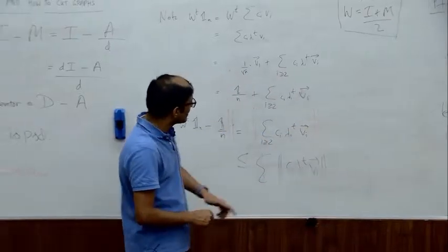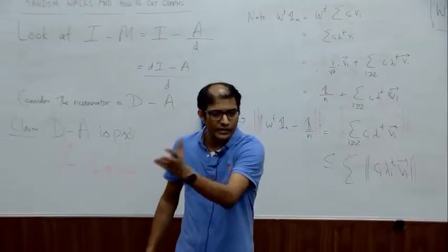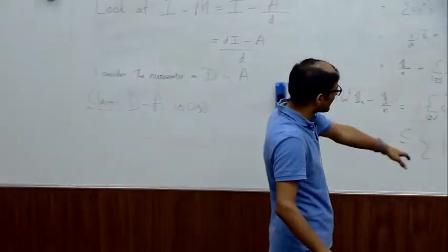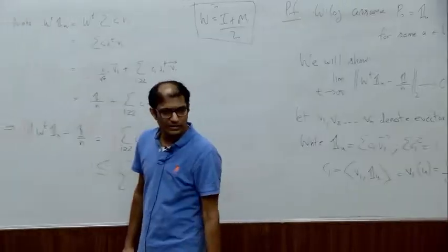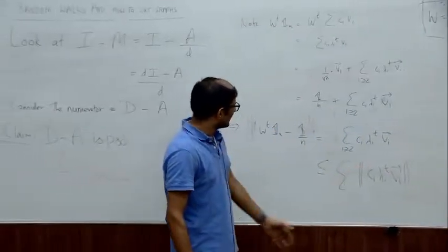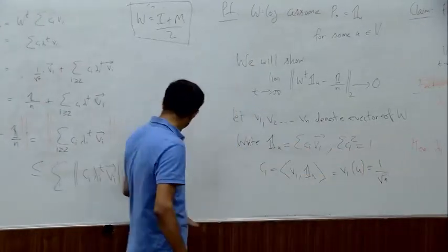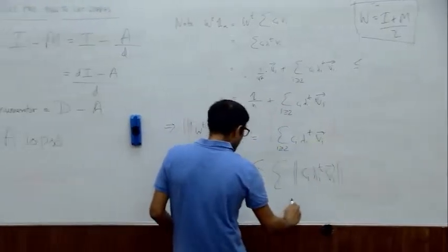Remember, lambda i's are eigenvalues of W. W is positive semi-definite. No eigenvalue is below 0. All the other eigenvalues on the other hand are bounded away from 1. They are at most 1 minus 1 over n square. All other eigenvalues are small. All Ci's are less than 1. So this quantity is less than or equal to this expression, I will call it star.